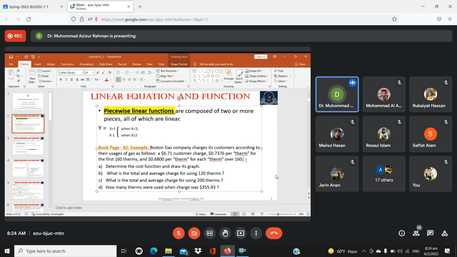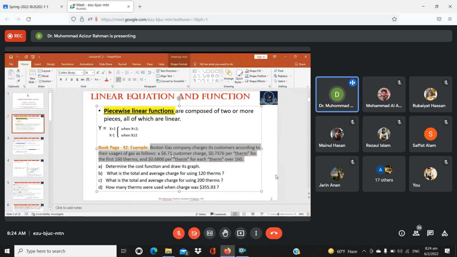Based on this scenario, we need to find the cost function. The cost function should have two parts. That means it should be a piecewise function, piecewise linear functions, in this format. So you have two different functions in one equation, and we need to draw a graph.